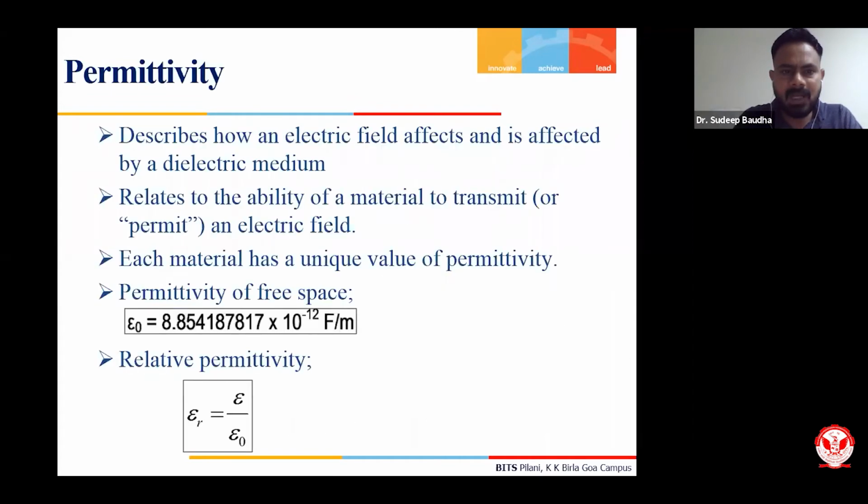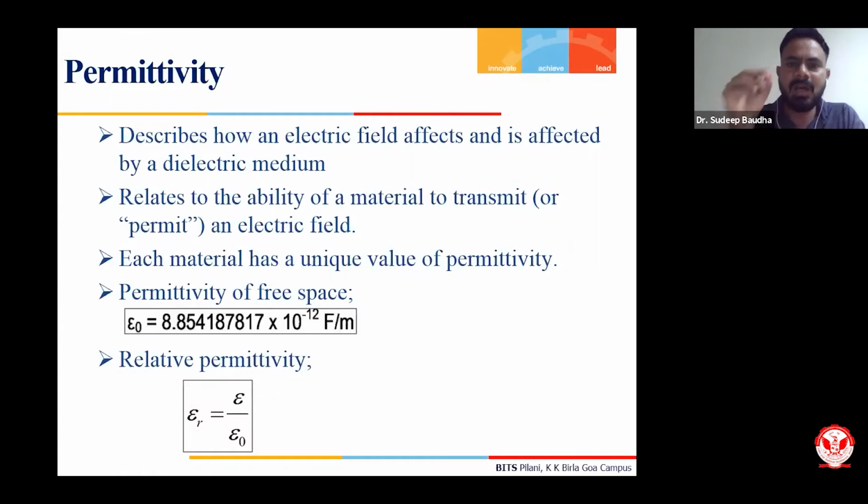I will start electrostatics and magnetostatics with two fundamental parameters. First is permittivity and another is permeability. When I say permittivity, it describes how an electric field affects and is affected by a dielectric medium. Suppose there is some sort of medium. It may be dielectric, it can be magnetic, it can be free space.